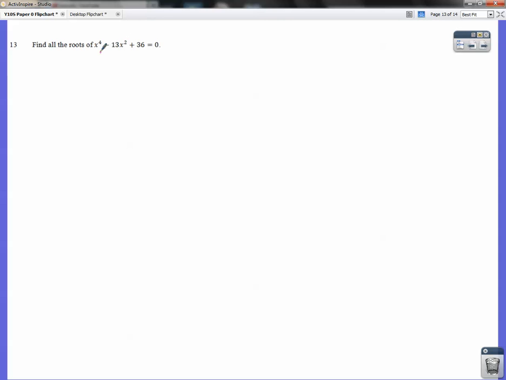So you think, can I rewrite this so that it becomes a quadratic equation that I can actually solve? And the answer is yes, you can. If instead of x squared we had a single letter, say a y, and we replace x to the fourth with y squared, then we've got something that we can work with. So I'm going to let y equals x squared, just to make life a bit simpler to understand. So x to the fourth would be x squared times x squared, so that's y squared. x squared would be just a y, so I get y squared minus 13y plus 36 equals 0.